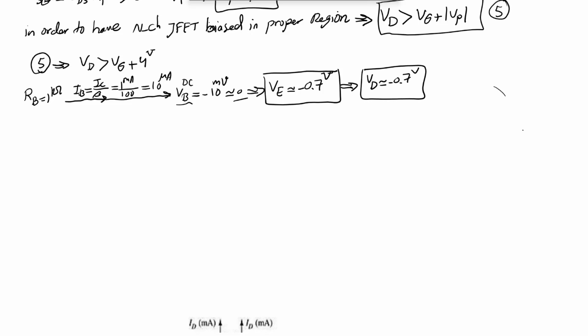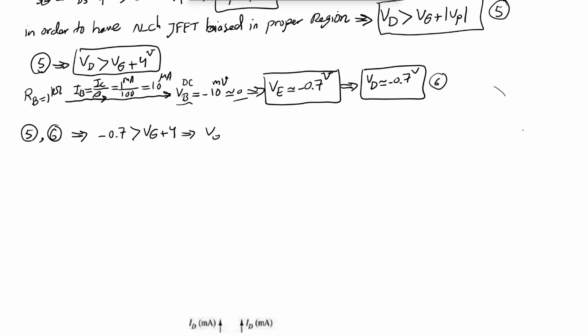Okay, then I have an equation, let's refer to it as equation 5, and then we have this one as equation 6. So I can apply 5 and 6 combined, and then I can get -0.7 greater than V gate plus 4.